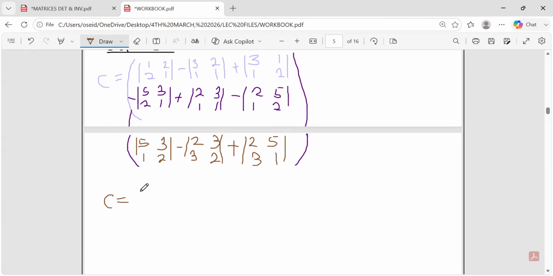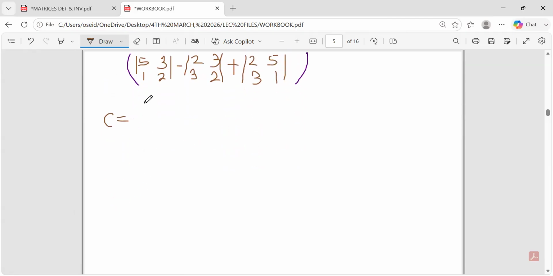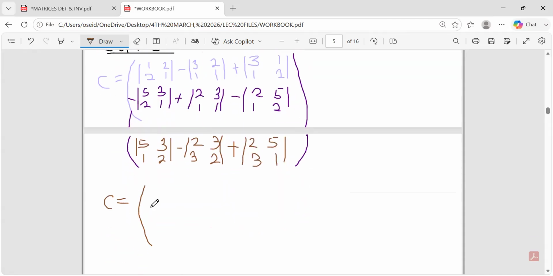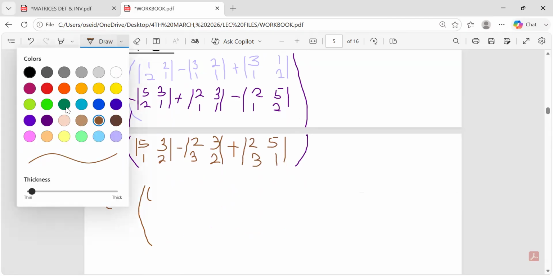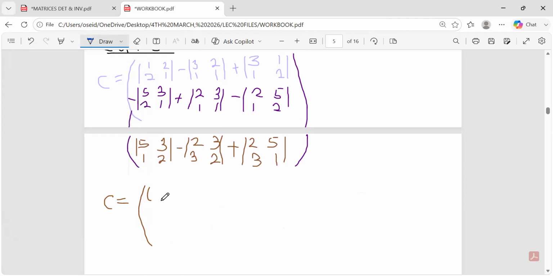So 2 times 1 times 1 will be what? So 1 times 1 will be 1, minus 2 times 2 will be 4. And close your brackets nicely.